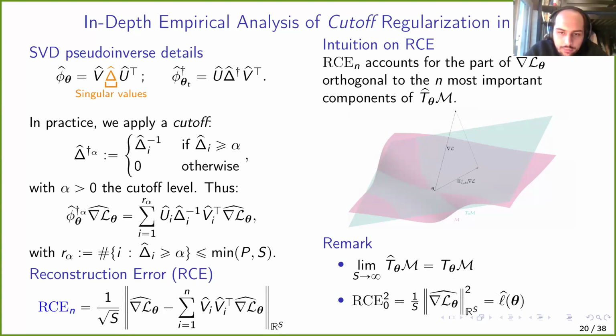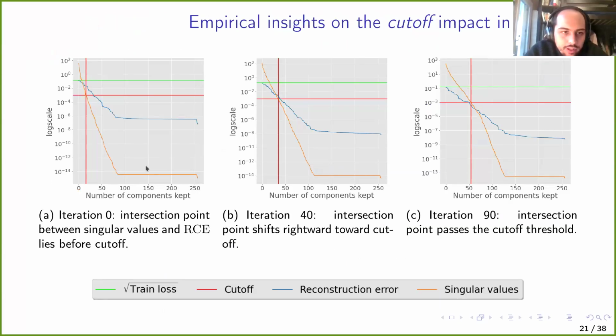Now having this in mind, with the singular values in orange and the RCE in blue, we look at these curves. This is a run of AnaGRAM on the heat equation, and we plot the singular values and the RCE. In red is the cutoff, here at 10 to the minus 3, which gives us the number of components that are kept. In green is the train loss.